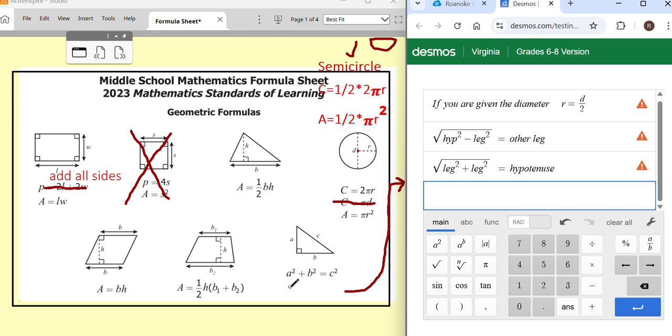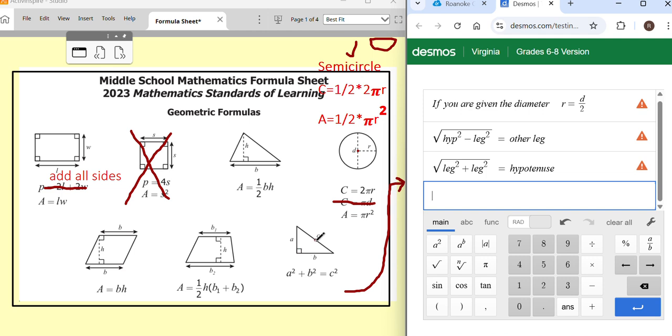Next, we have a formula that has nothing to do with area and everything to do with the side lengths of a right triangle. A squared plus B squared equals C squared. We know A and B form the right angle. They are the legs of a right triangle.